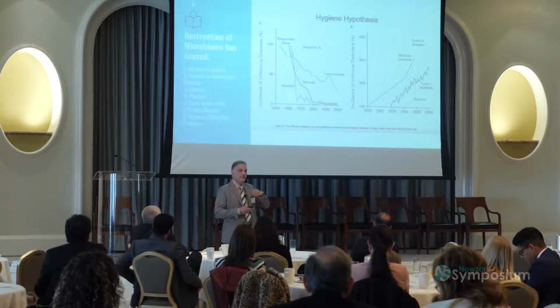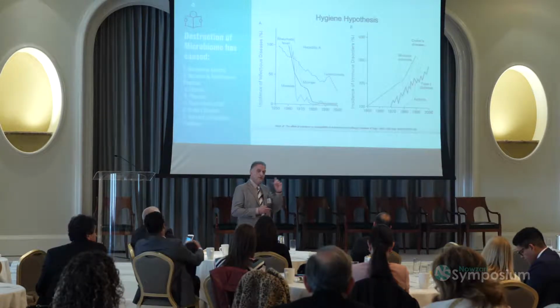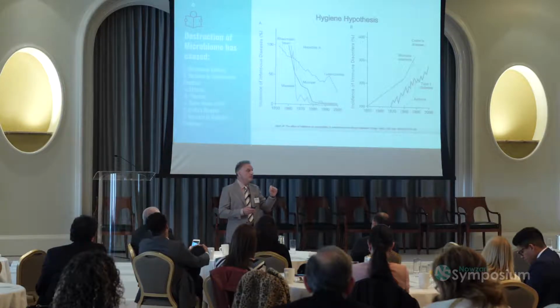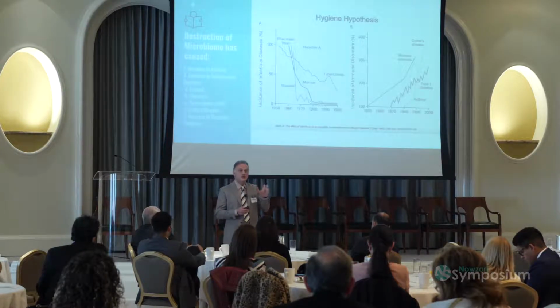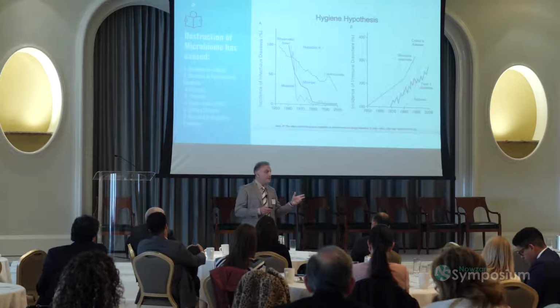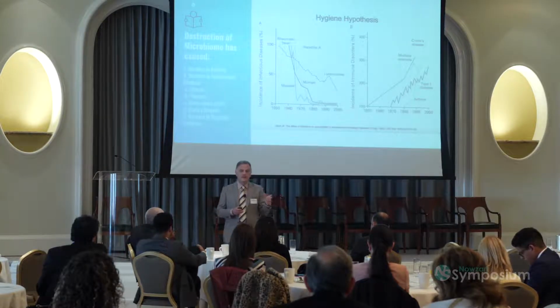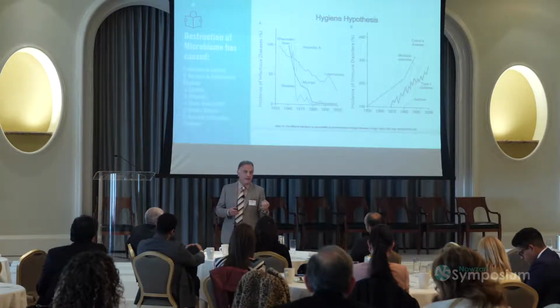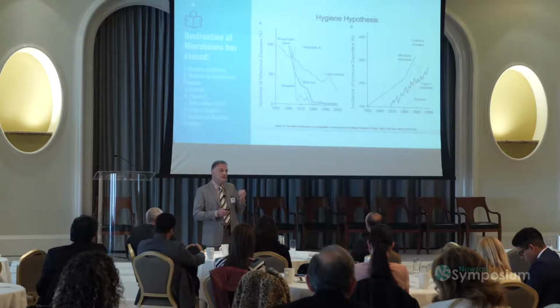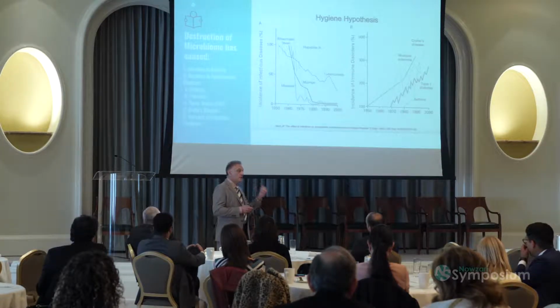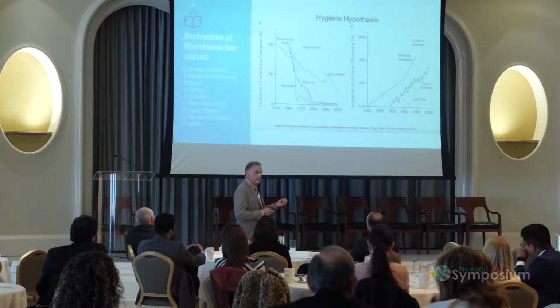So today, if you look at it, the dishwasher soap most likely has some sort of an antimicrobial ingredient in it, which is, again, a form of antibiotic. Washing machine soaps have some sort of an antibacterial in it.